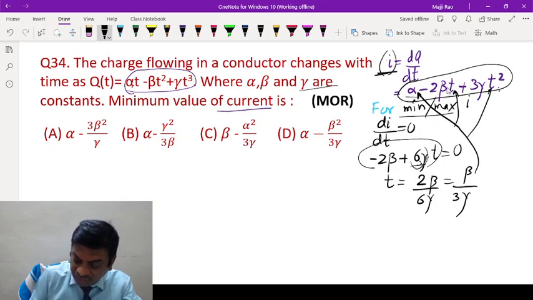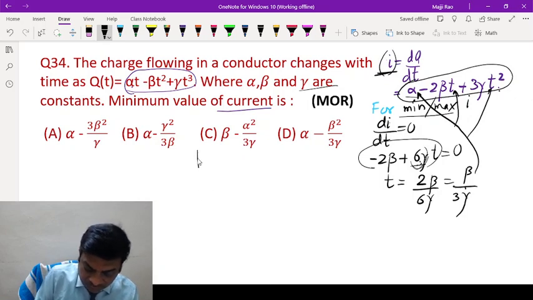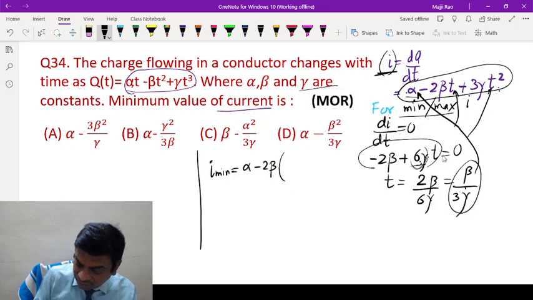So I as a function of time, just substitute. Minimum value of I we can obtain like this: alpha minus 2 beta into t. What is t? t is beta by 3 gamma, plus 3 gamma into t square. t square is beta square by 9 gamma square.